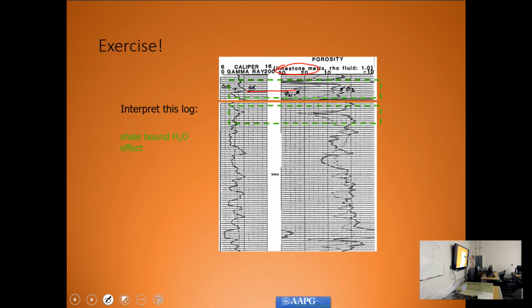Here's another one here. Notice high number for gamma ray. Here's this peak here, and then there's another one there. These peaks are matching. I think I've marked a few others. Okay, so we got that. That's the bound water effect.